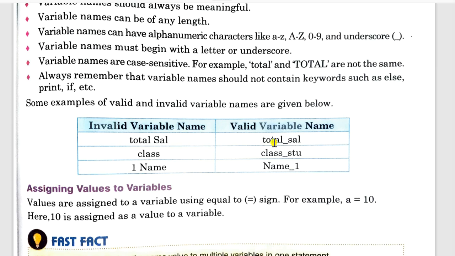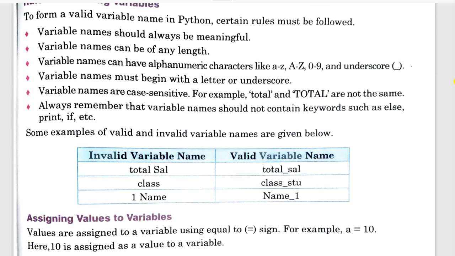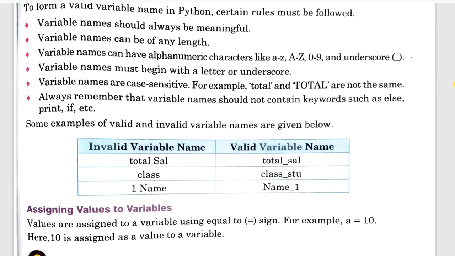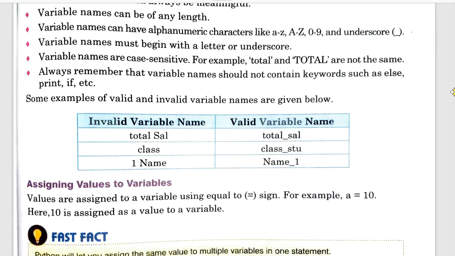You can write class_stu, or you can write student_student. Now one space bar name. As I have told you, space is not allowed in variable names. So you can write name_one. And you have also studied in the rule that variable names should always begin with alphabets.